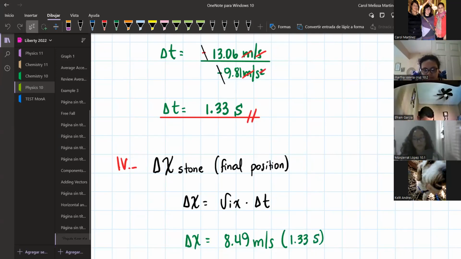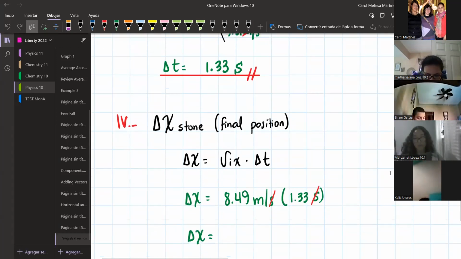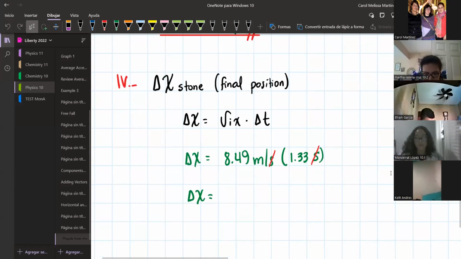Seconds and seconds cancel out. And we get how much? 11.29 meters.